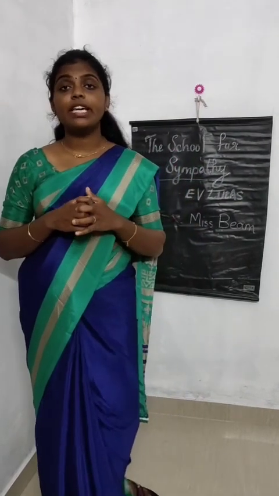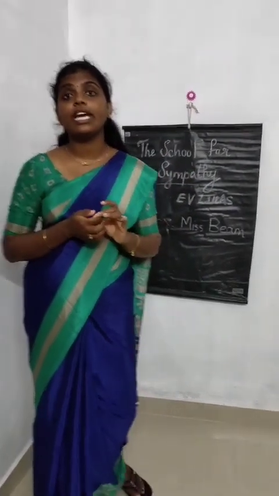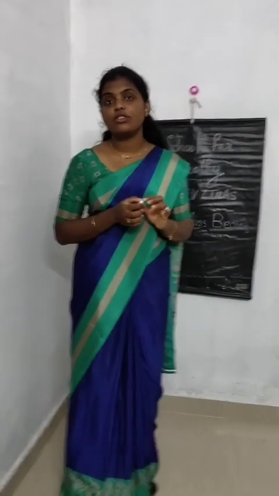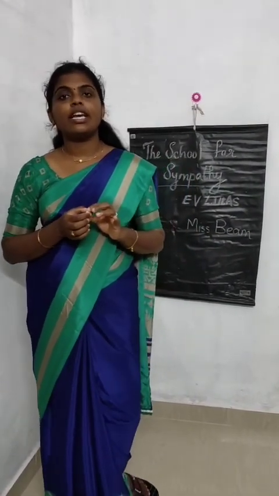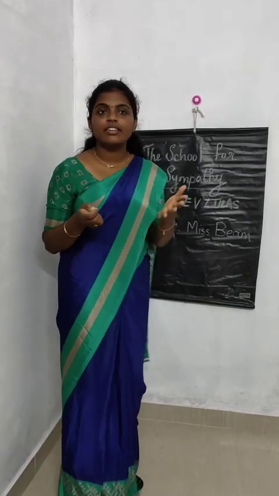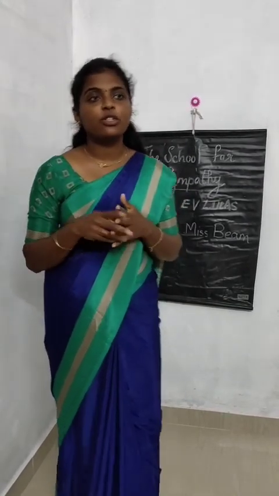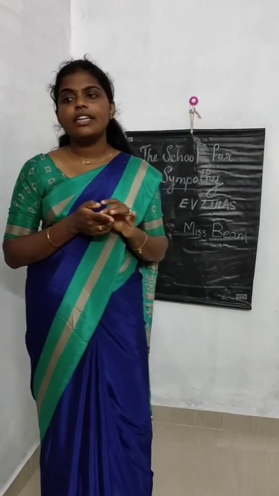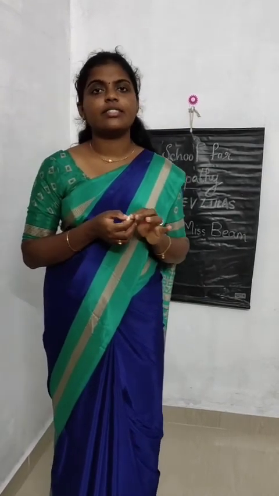Now Miss Beam gives him an opportunity to communicate with one of her students. That girl is blind on that day, and the author is given an opportunity to talk to her, and he asks about the difficulties.